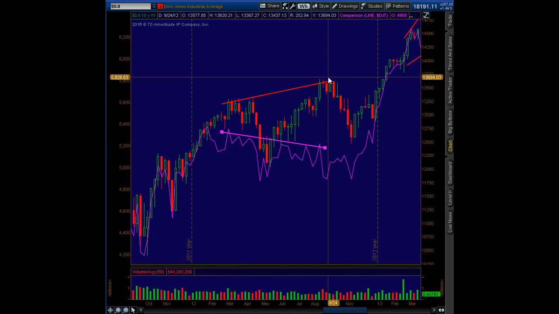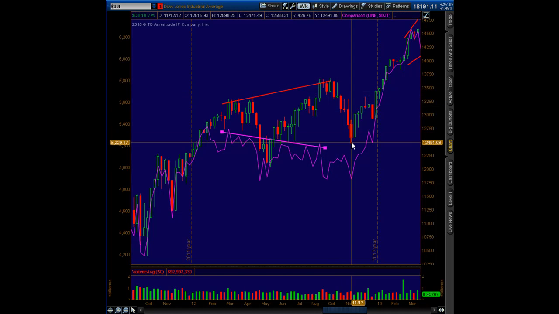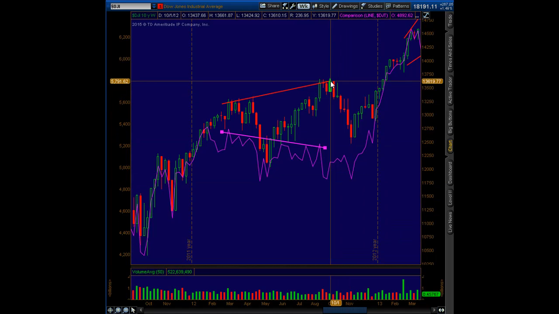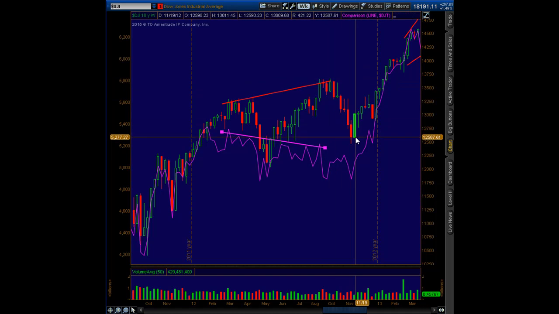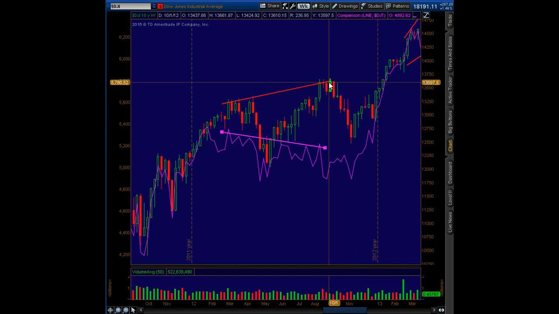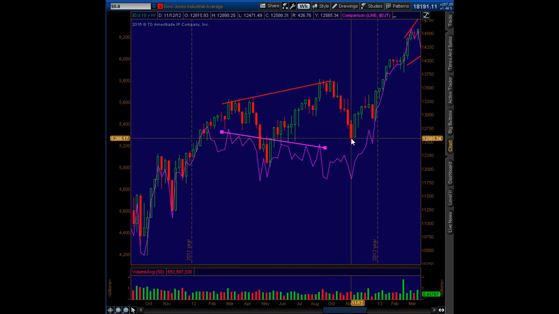So what happened around here? You see how you had a big clue: as soon as this lower high was made, there was a big move down, right? It was trying to catch up with the transportation. So from 13,642, price goes down almost 1,000 points.